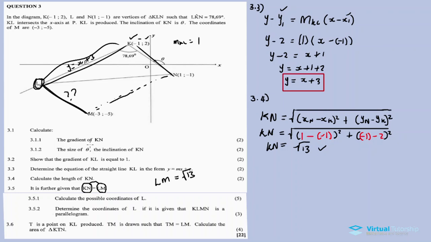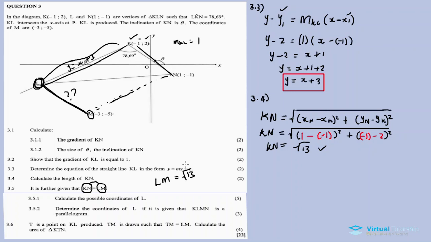So now I can set up an equation connecting L as well as M, connecting the 2 points, using the distance formula.